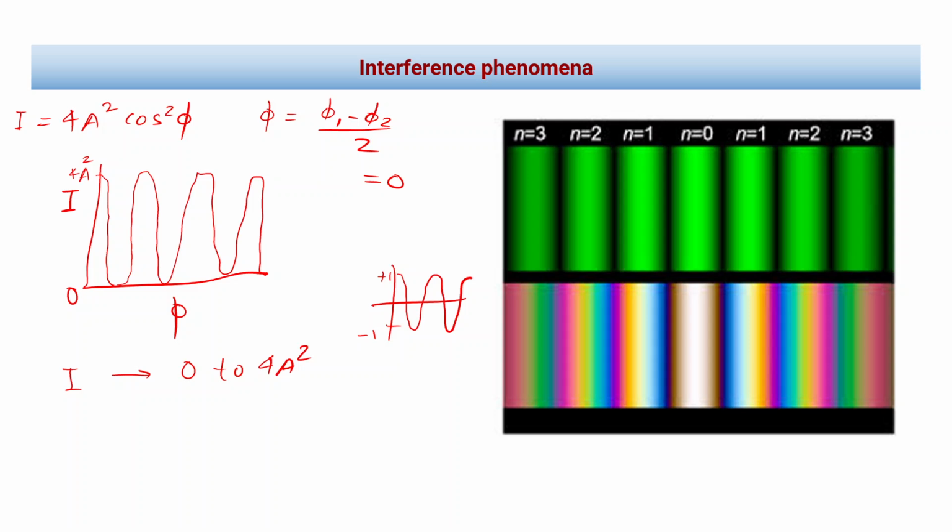So this is what I am showing here: a bright region and then a dark region, alternately, when two waves are interfering.